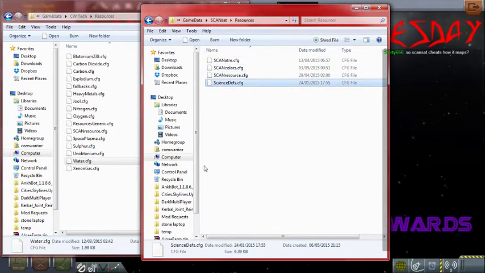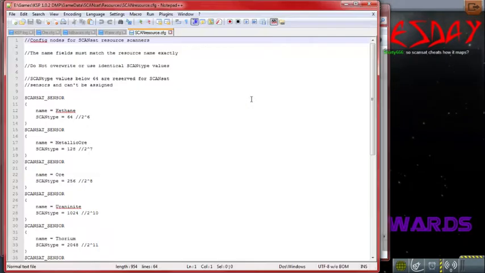Interesting set of config files here. Science defs, we know what that's for. That's for the science stuff in career mode, so we can ignore that. So we've got scan ATM, scan cores, and scan resource. Let's take a look at scan resource to begin with.